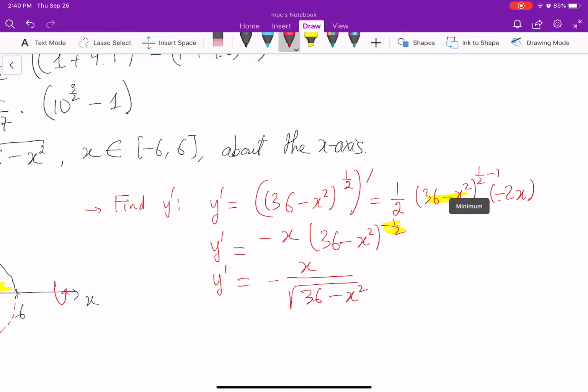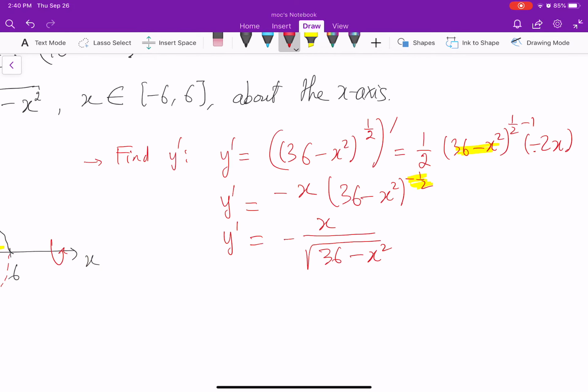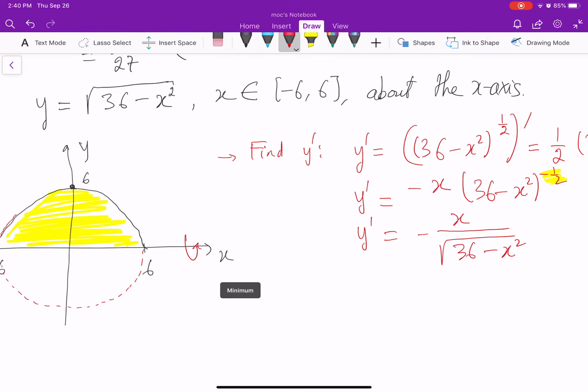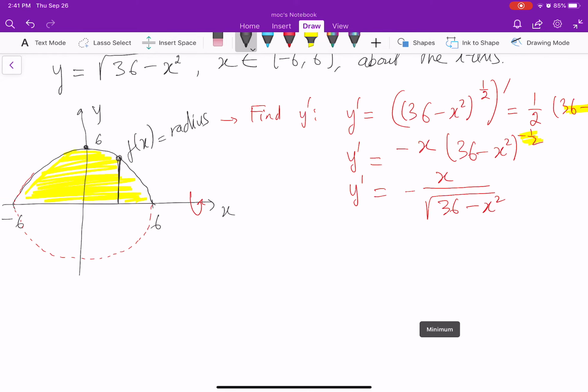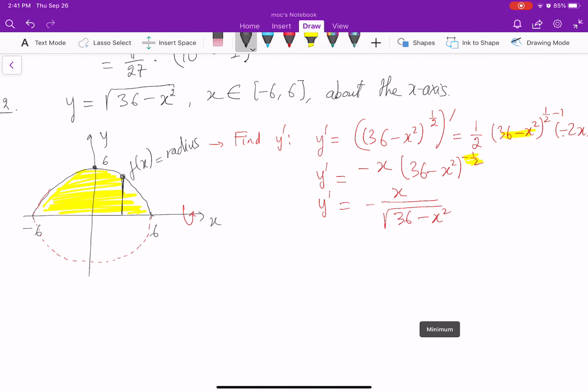Once we have the derivative, we just plug the derivative and the function into the formula, right? Here we don't have any problem with the radius, because the radius is again just equal to f of x. So let's plug everything into the formula.